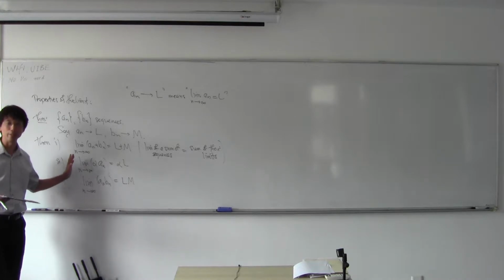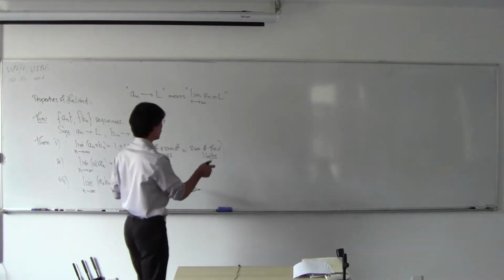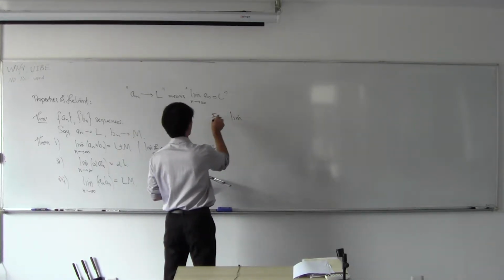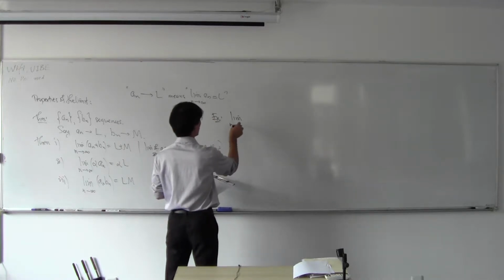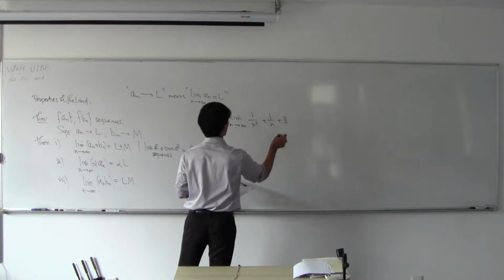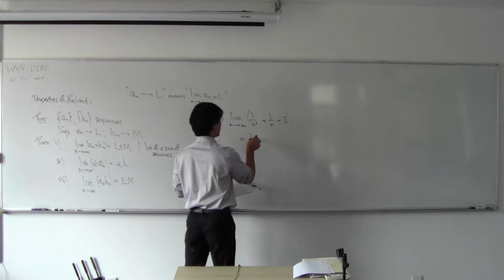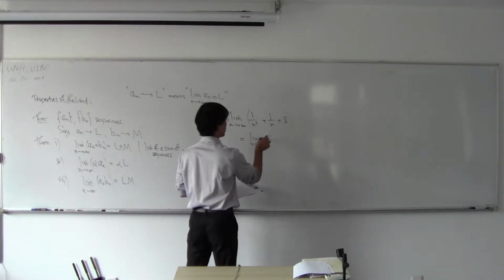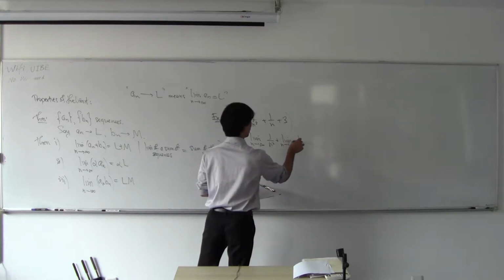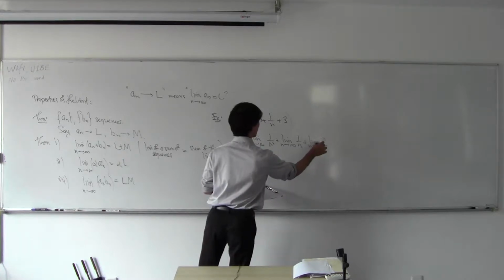these properties make it easier for you to calculate limits, right? So, for example, the limit as n goes to infinity of 1 over n squared plus 1 over n plus 3, you can say, well, that's just going to be the limit of each of those: the limit of 1 over n squared plus the limit of 1 over n plus the limit of 3.